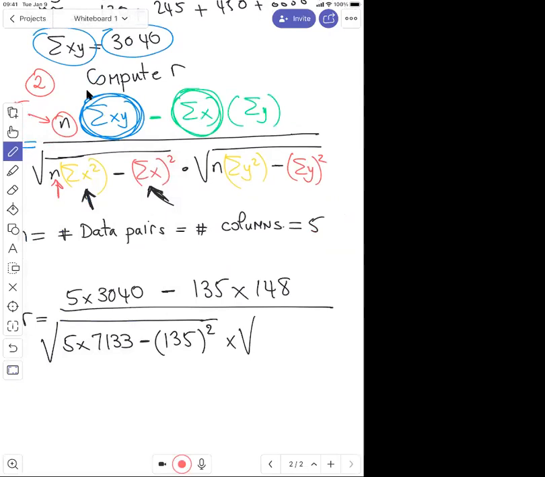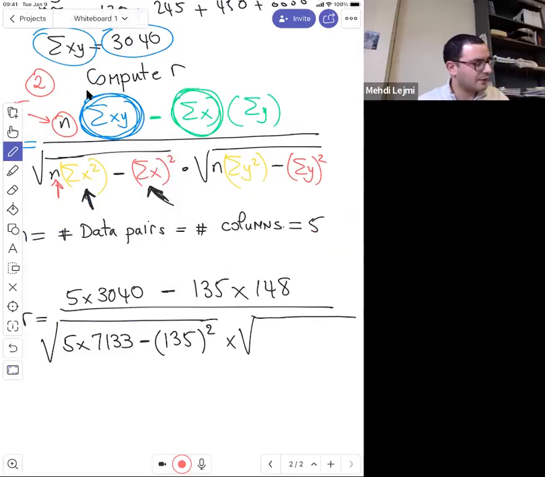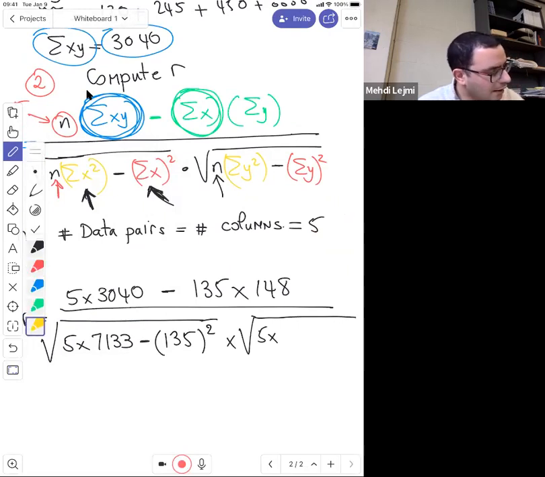And now we're going to take the same thing, but instead of x, we're going to have y. So first, there is this n again, which we know is 5 times the sum of the y squared.